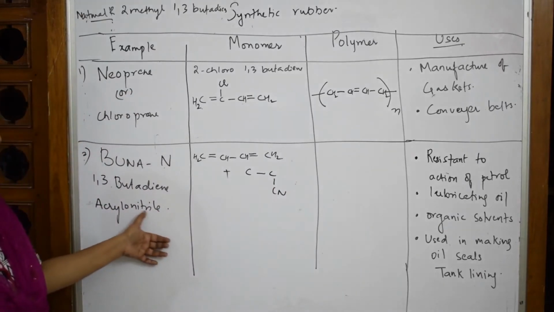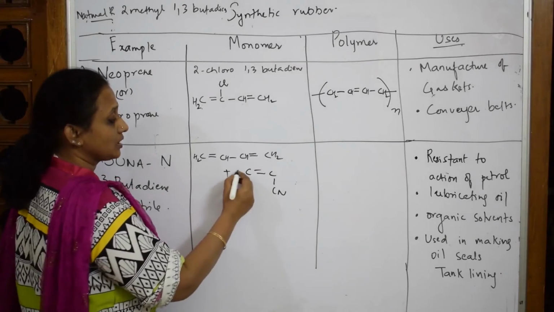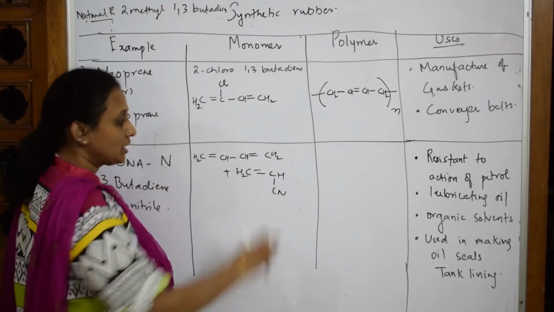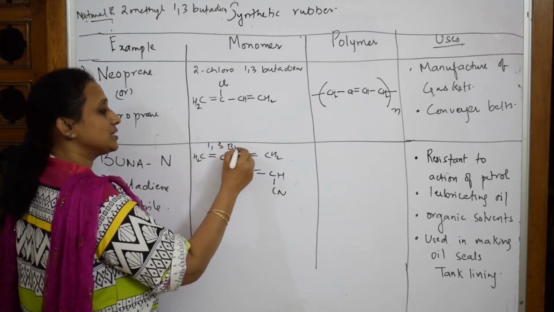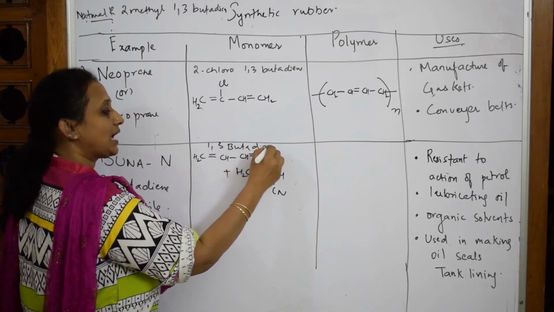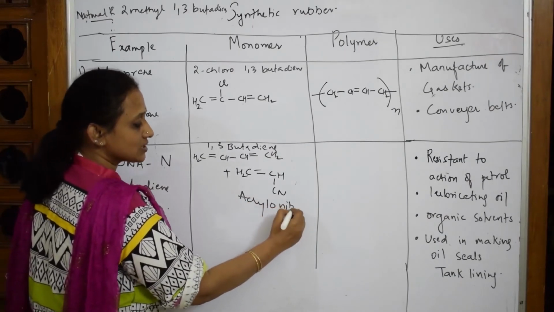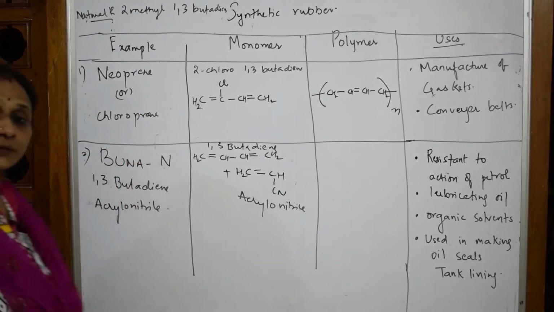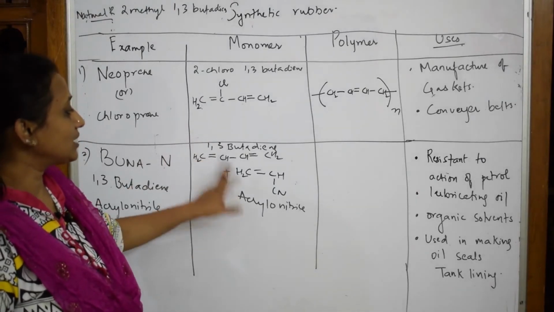So CH2, then 1 H. This is acrylonitrile. They will ask you in Buna S or Buna N what the monomers are. So 1,3-butadiene is one monomer and acrylonitrile is one more monomer.